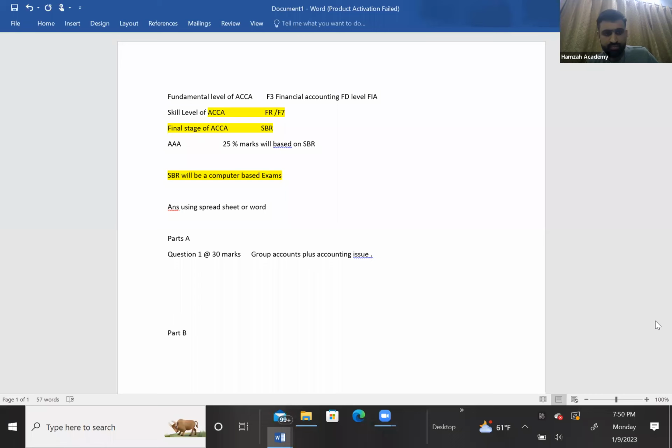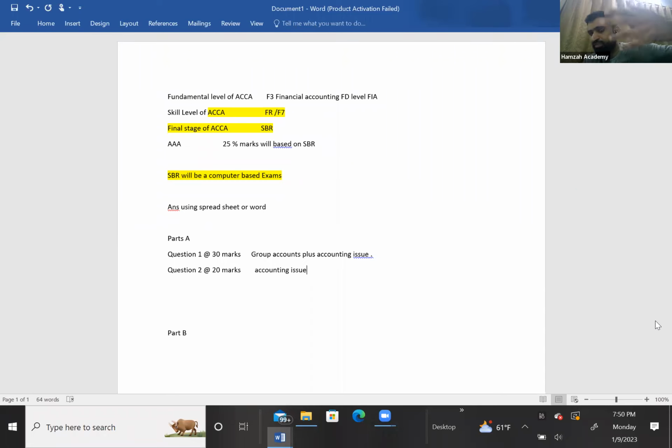Then we have question number 2. It will consist of 20 marks. But in this question, again, there will be an accounting issue. Any case study on an accounting standard, maybe on IAS 37, I'm just giving an example.